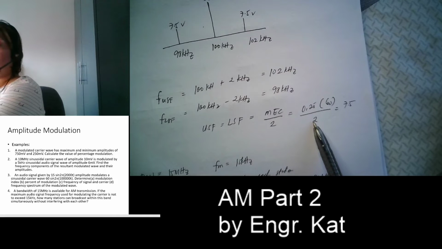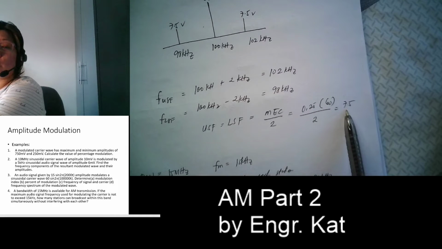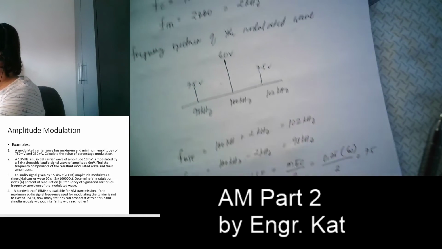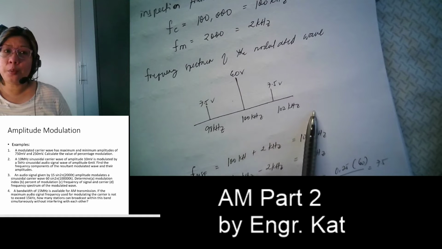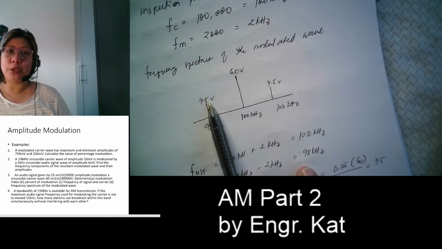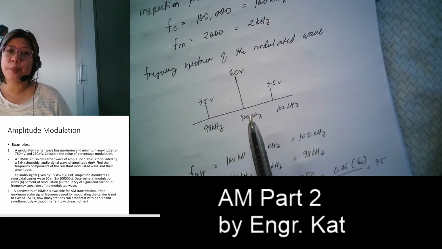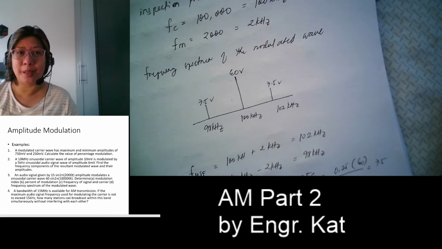So this is 0.25 times 60 divided by 2. So that will give you 7.5. So in the spectrum, we didn't just draw the frequency, we also included the amplitude. So this is the complete frequency spectrum for our AM waveform. Okay? So very simple.